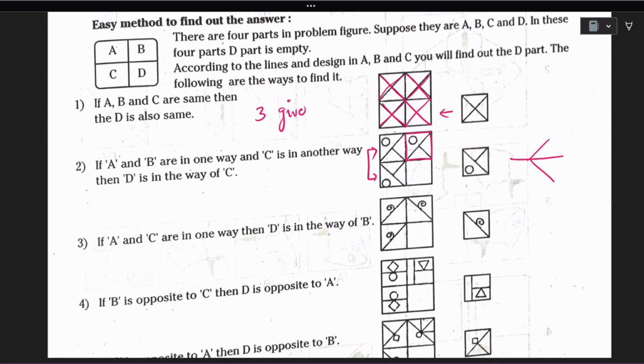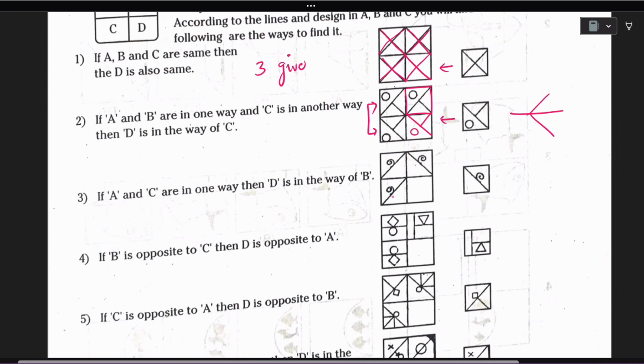We will touch the same line and it goes to here, and then this line will be like this. Here there is a circle, so we will draw a circle here. Where is this figure? That we can see here. Okay, this is how we have to follow if two of the boxes are the same and one is different.